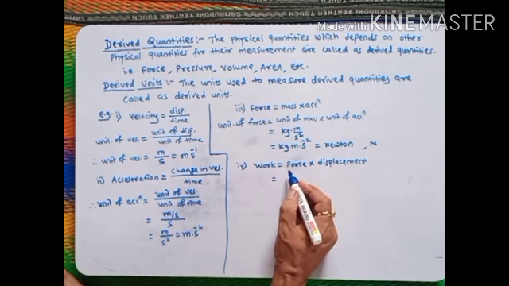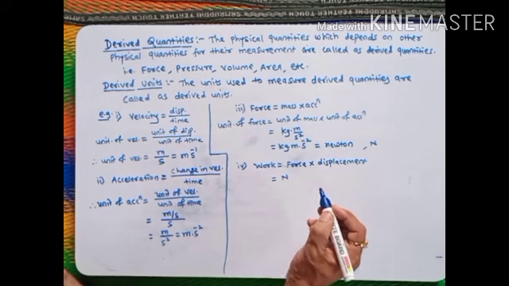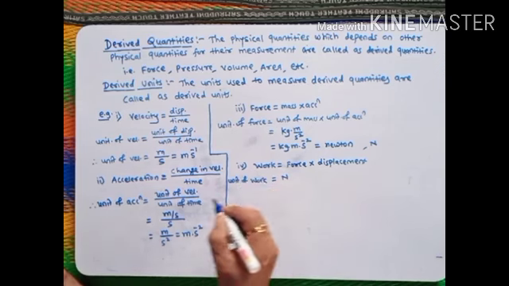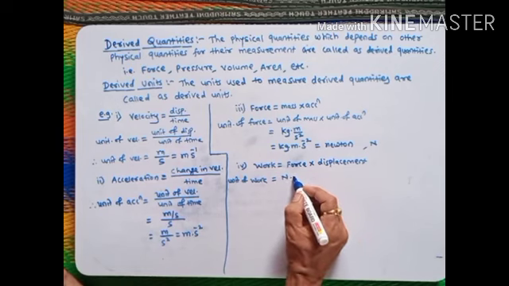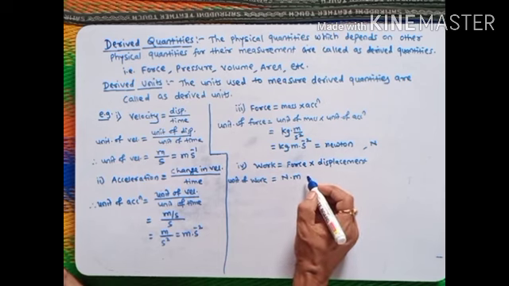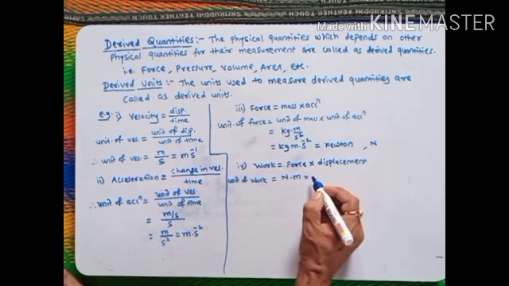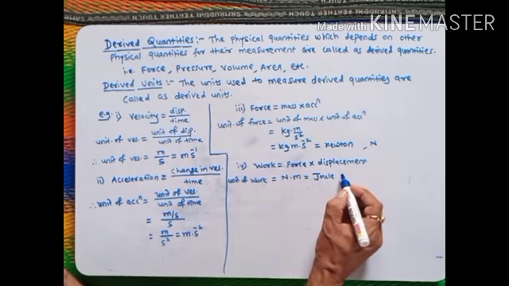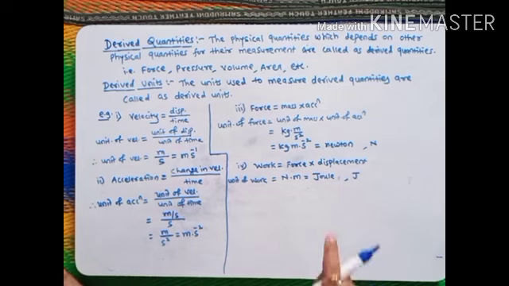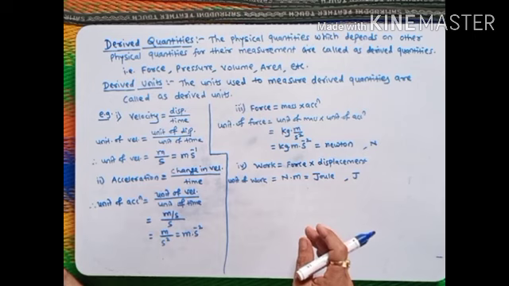Again, the unit of force, suppose Newton, and displacement is measured in meter, so unit of work is Newton meter, which we also call a joule, and J is the symbol of this unit of work or energy, joule. This is MKS. Erg is also a unit.